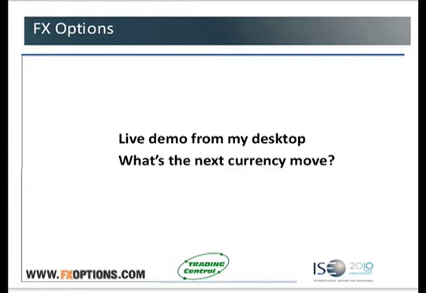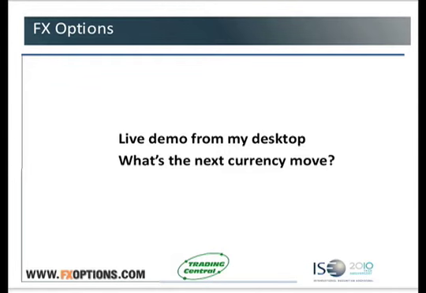And now, last but not least, I propose a live demo from my desktop to provide forecasts on the ISE FX pairs. So what's the next currency move?